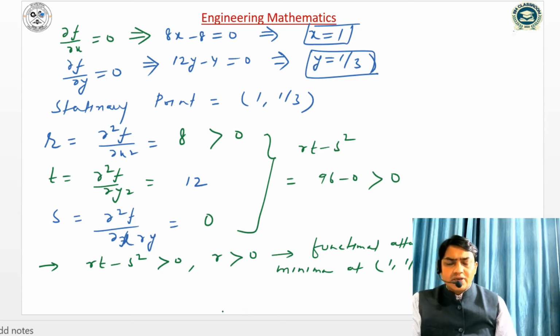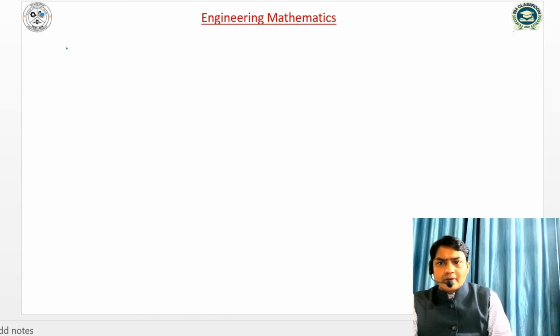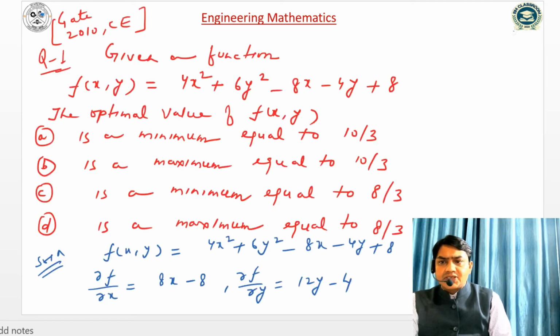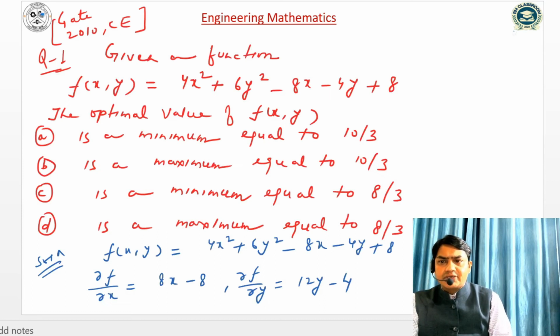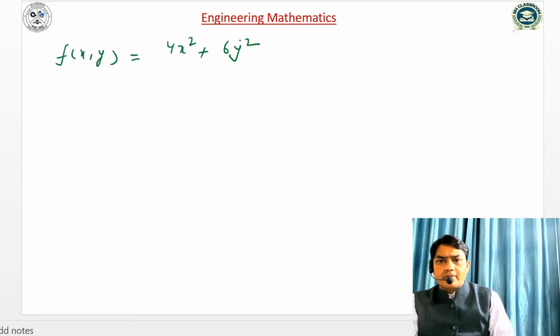So what is the minimum value? The function f(x,y) is 4x square plus 6y square minus 8x minus 4y plus 8.